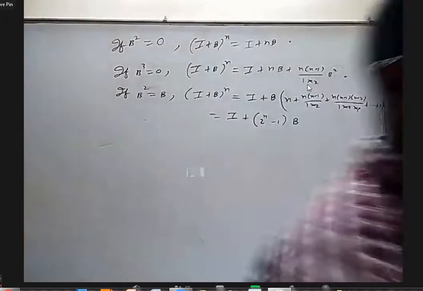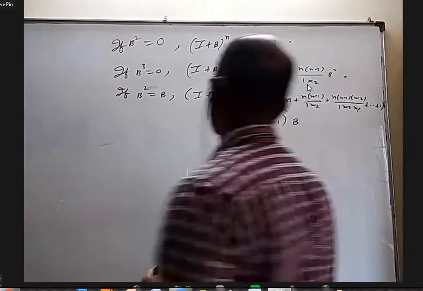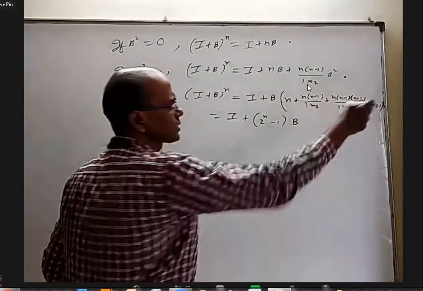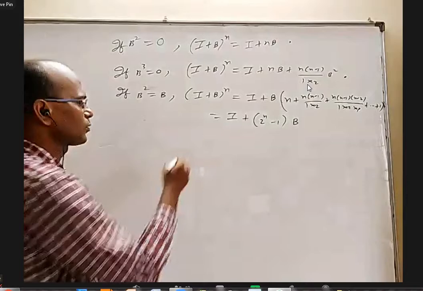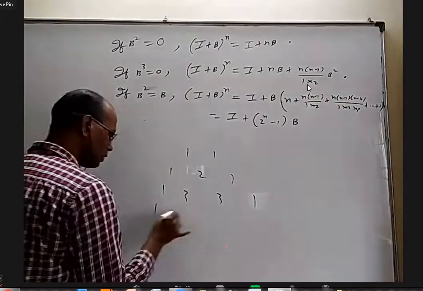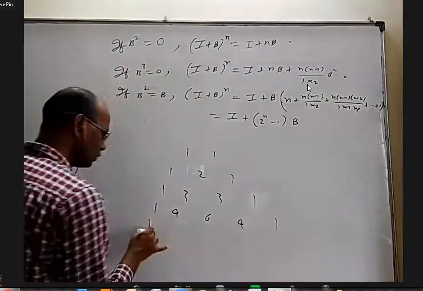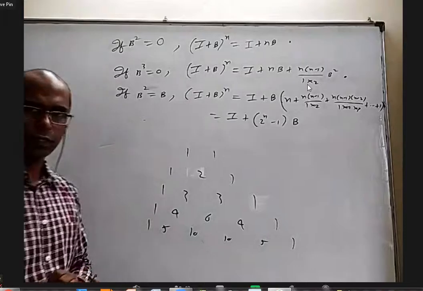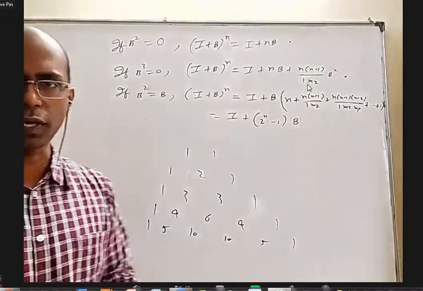You'll understand. Okay, now coming to this, as I said, all these numbers are numbers in Pascal's triangle: 1, 1, 1, 2, 1, 1, 3, 3, 1, 1, 4, 6, 4, 1, 1, 5, 10, 10, 5, 1, like this, right? There is something interesting about Pascal's triangle.